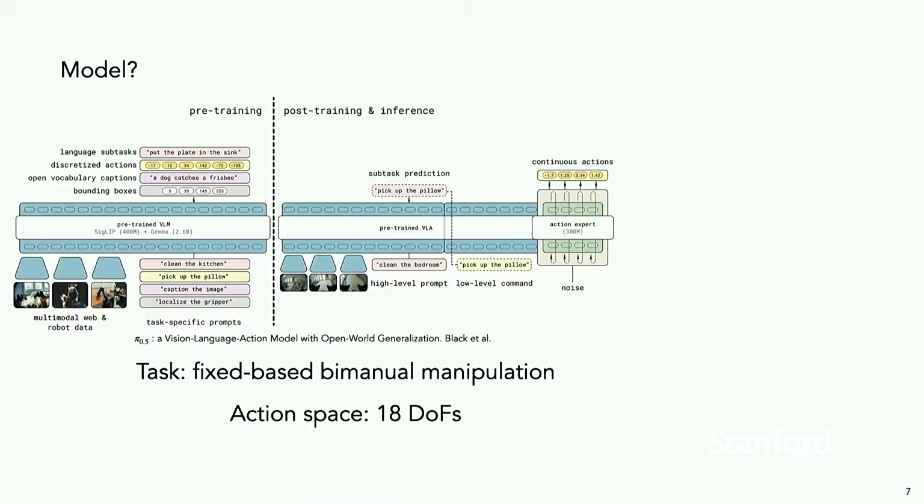This is because we usually have 2 arms, each with 6 to 8 degrees of freedom, plus some mobility of the robot base. So in total, we usually work on 18 degrees of freedom, and there's no locomotion involved.